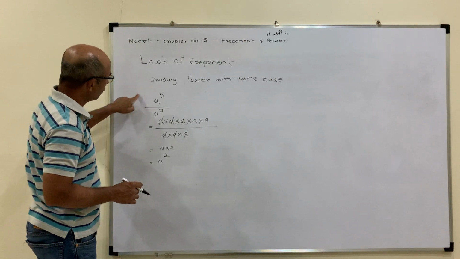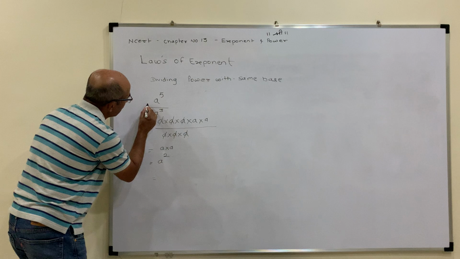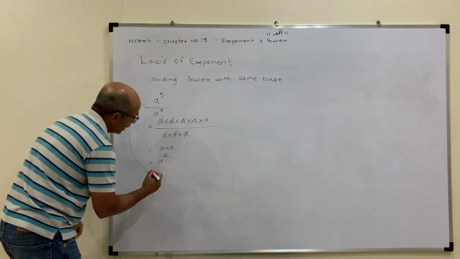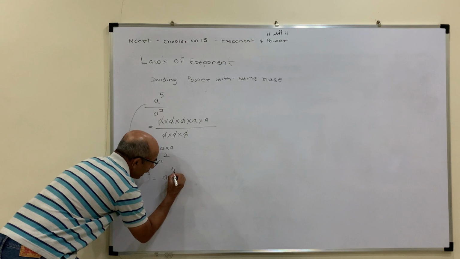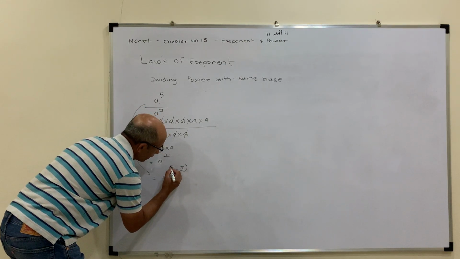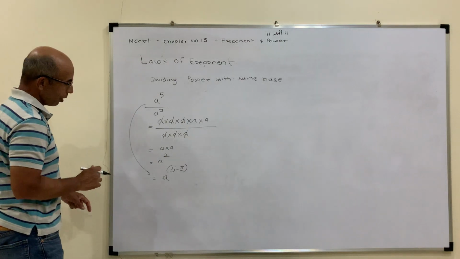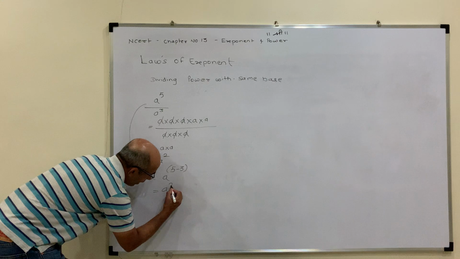Now here if you look, the power was 5. Now I solve this straight away over here. This comes out to be a raised to 5 minus 3. So again I'll get with this calculation a square.